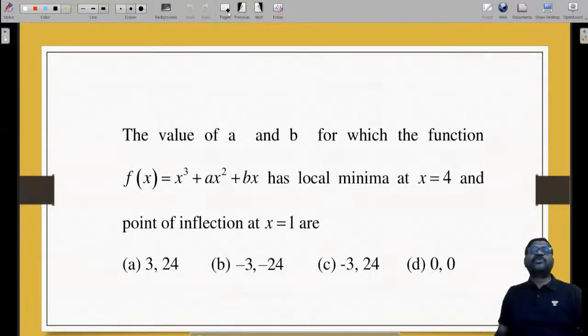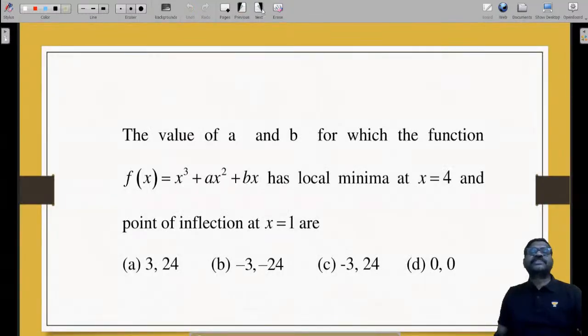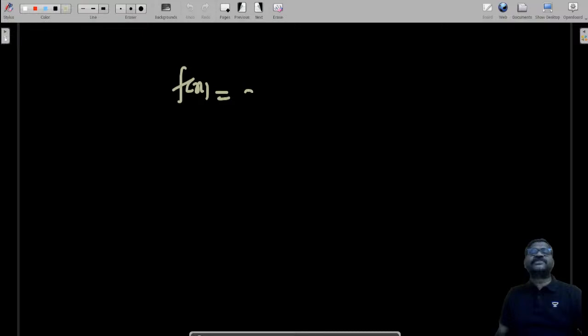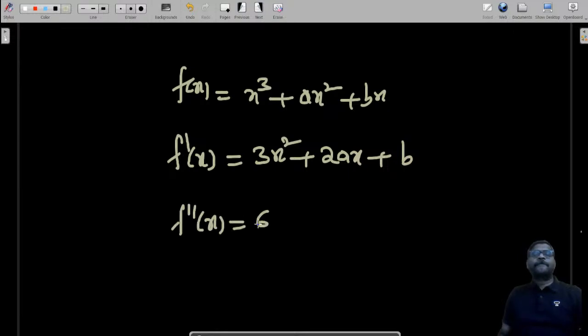Given that f of x is x cube plus ax square plus bx, f dash x is 3x square plus 2ax plus b, f double dash x is 6x plus 2a.